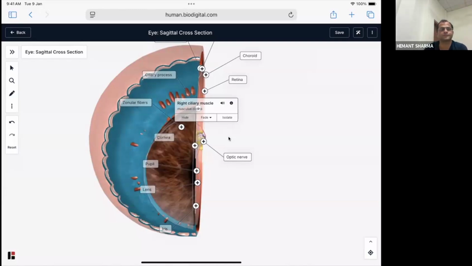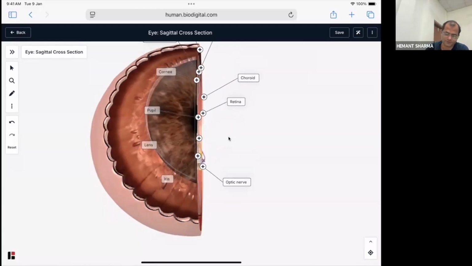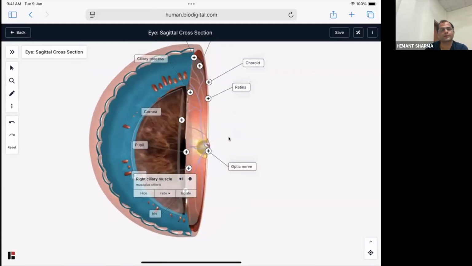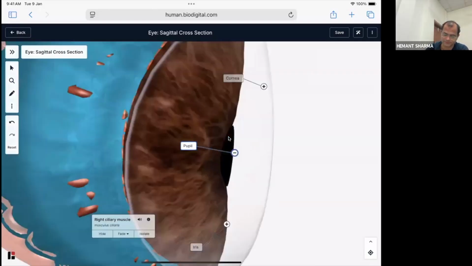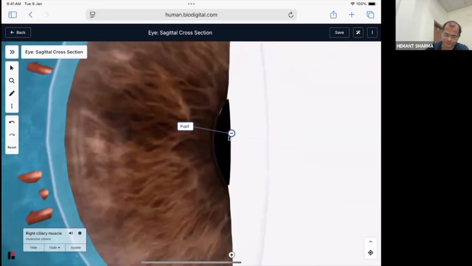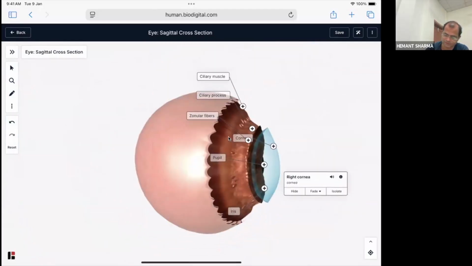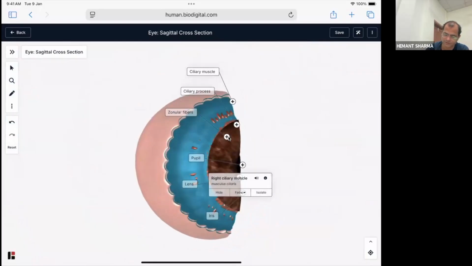Ciliary muscle. Okay. Look at this ciliary muscle. So what is the work of the ciliary muscle? Okay, let me remove the cornea. Let's remove the cornea once. This is the ciliary muscle.